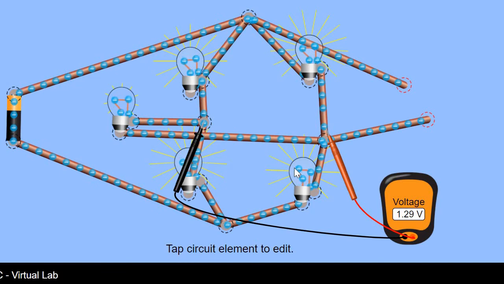That's because current is now flowing through the bulb, and so the effective resistance between this junction has decreased from infinity, and so the potential drop is also decreasing. I hope it is clear now. So let's move on to the next problem.